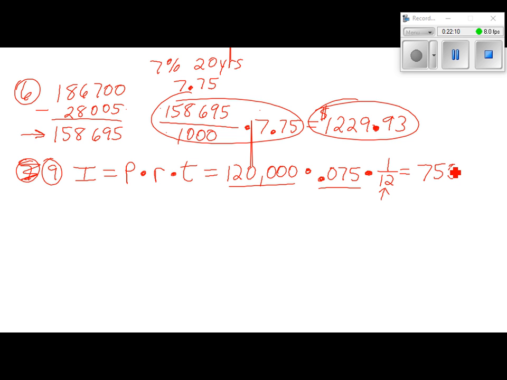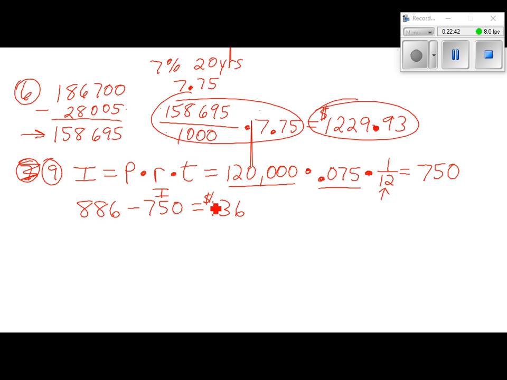That's not our answer. That's how much went to interest. To figure out how much of it went to the principal, we take that number and we subtract it from how much they actually paid per month. Their monthly payment was $886, and we subtract off the $750, the part that went to interest, and we come up with $136.